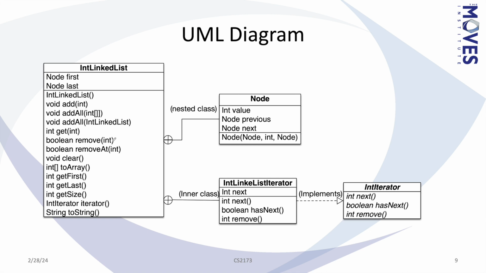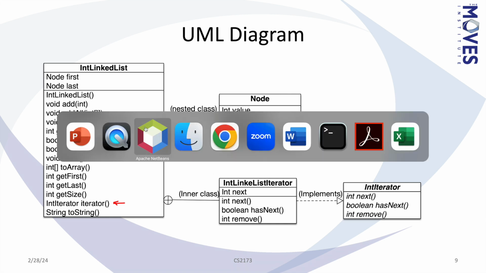This removes the first instance of the value, but remove at removes the element at that index. And then things like clear, convert it to an array, get first, get last, get size, and then iterator, which is going to return the iterator. So let's look at what that looks like.